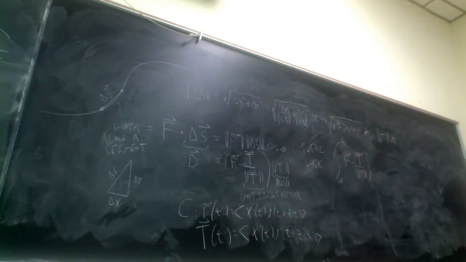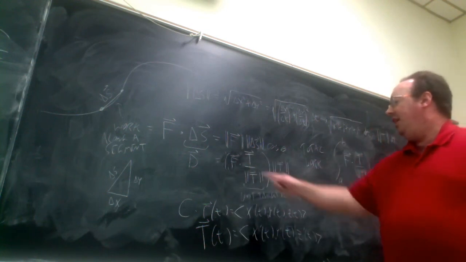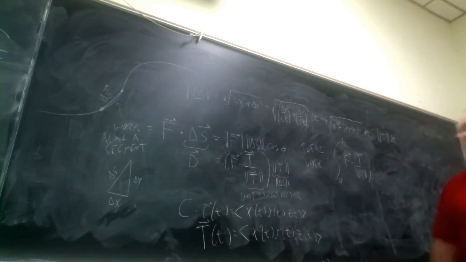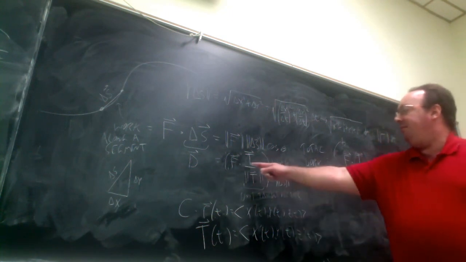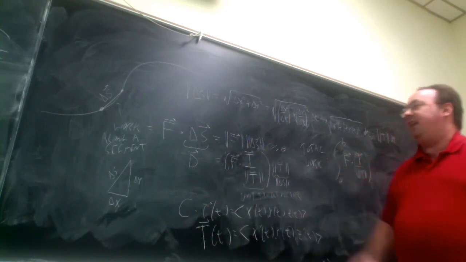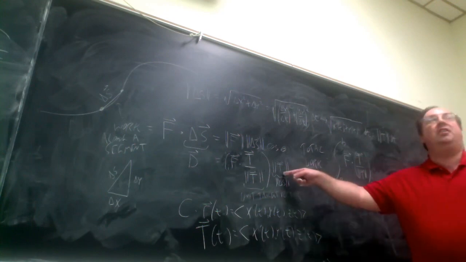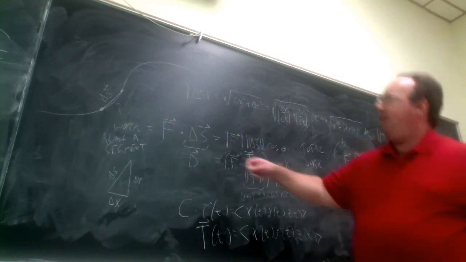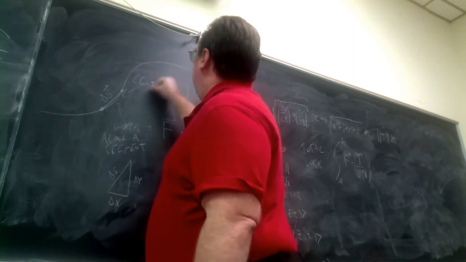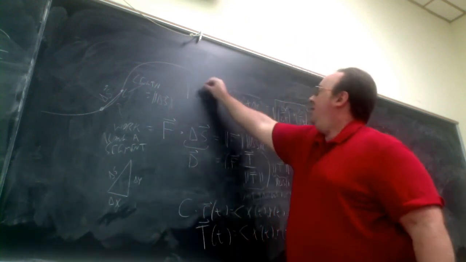So what I'm doing here to get the work along one segment is figuring out how much force is really going in the direction of the curve. To get that, I'm just looking at the dot product of my force with my unit tangent vector, and then separately I take into account how far I am moving it along that segment. Well, the length of that segment is the magnitude of my delta s vector.